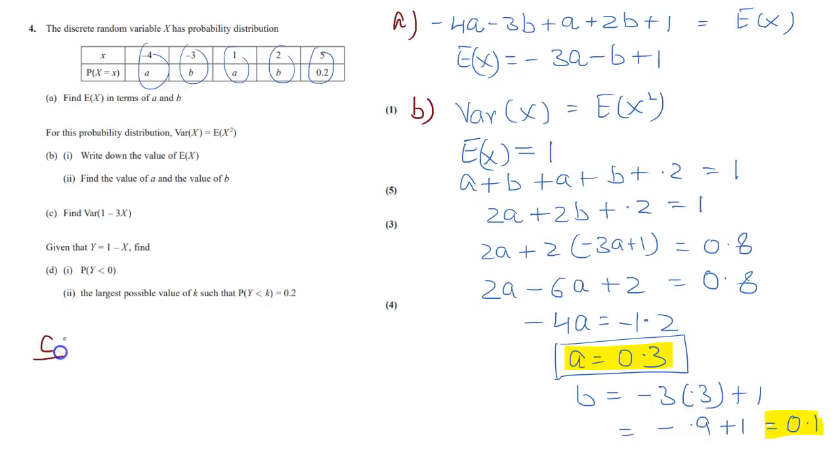Now part C is find the variance of 1 minus 3X.